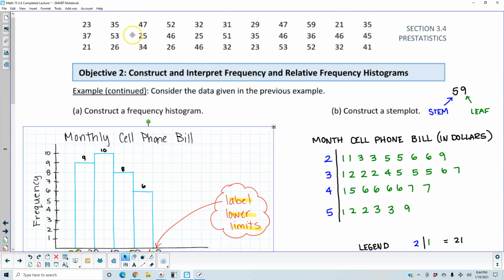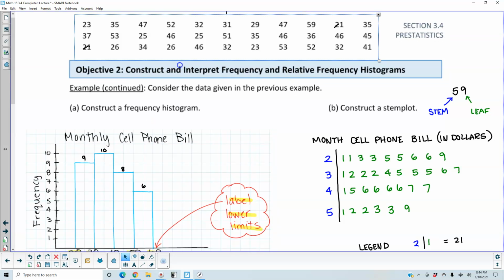Then we have a 23, so let's mark that off: a 1, a 3 there, and another 3. Then we have a 5 and another 5 for two 25s. Then we have a 26 and another 6, and then we have a 9.